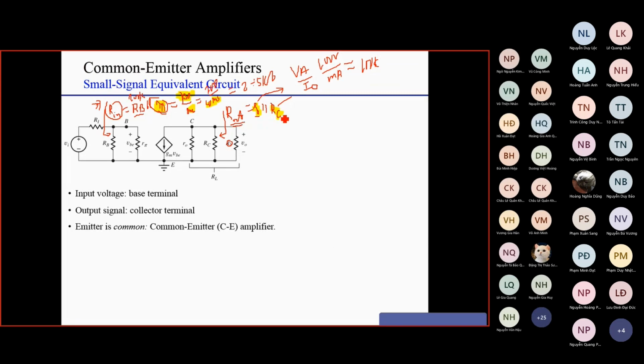So you can see that R out is determined mostly by RC, okay? And it is in the order of kilo ohm. So that means the output resistance of the common emitter circuit here cannot be very small, okay? Don't forget that for a good amplifier, we require that the output resistance must be very small, okay? R out should be small.